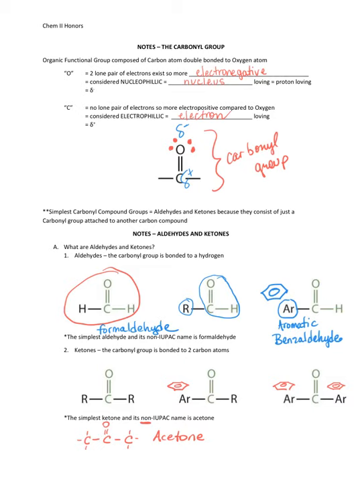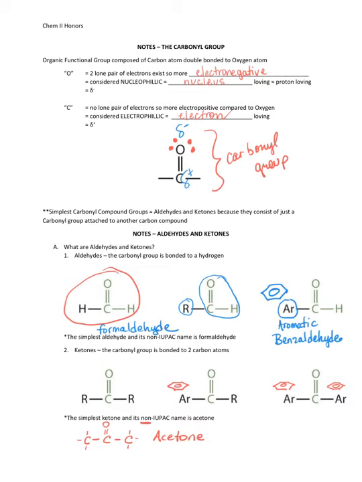All right, now we're going to work backwards. We're going to draw this next one. We know Al means it's an aldehyde, which means our carbonyl group is at the end. It's at the end of 7 carbons. On carbon 3 we have an iodine, and on carbon 5 we have a bromine.